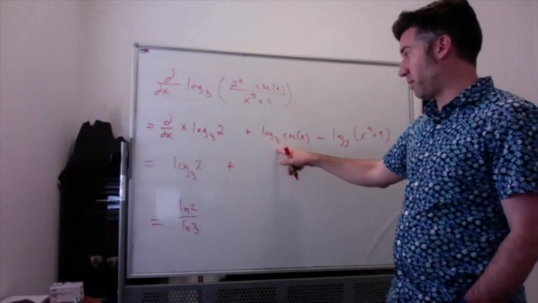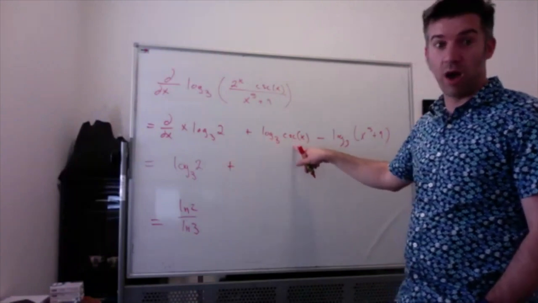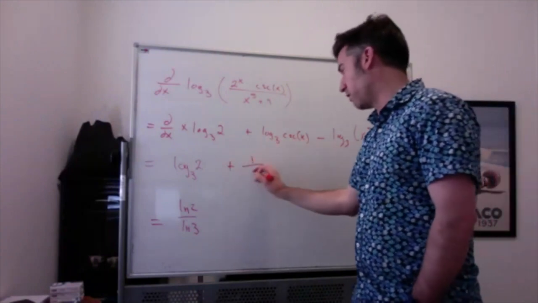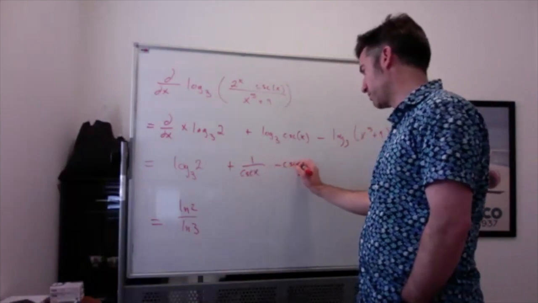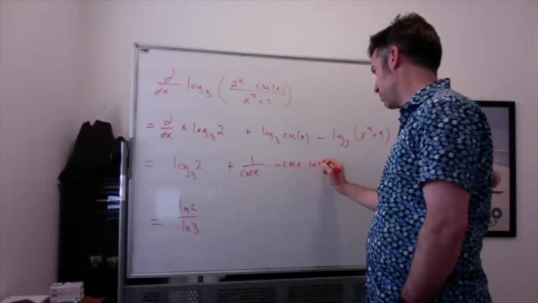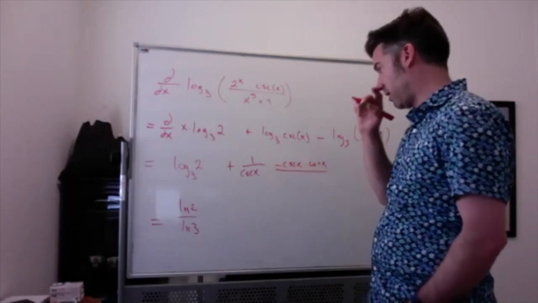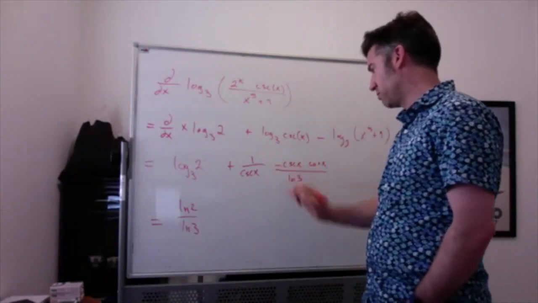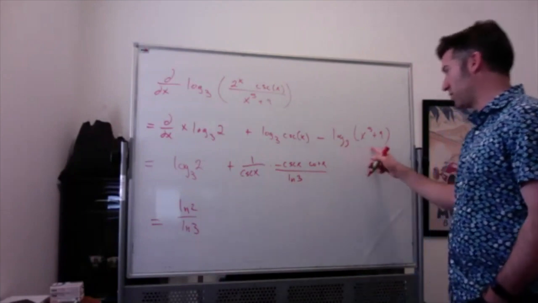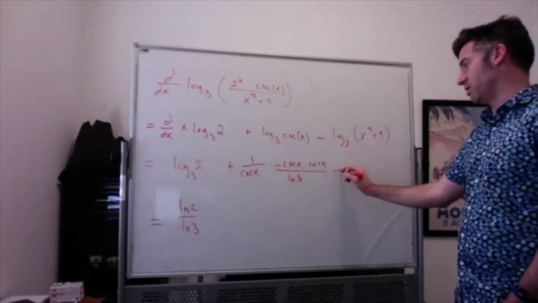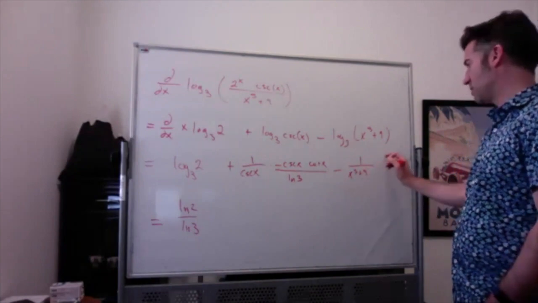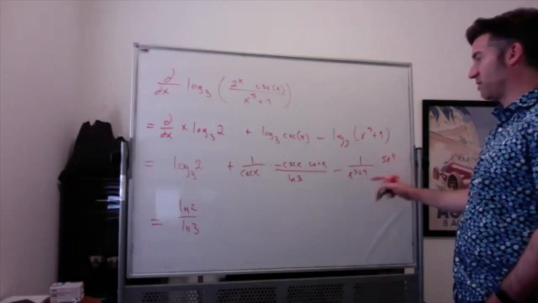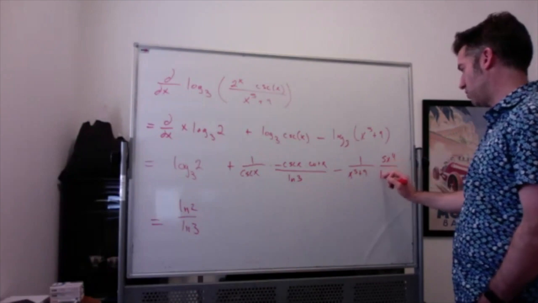The derivative of log base 3 of cosecant, well, the derivative of log of a thing is 1 over the thing times the derivative of the thing. But then we also have to divide by a factor of natural log of 3. And then here, the derivative of log of a thing is 1 over the thing times the derivative of the thing. And then we also have to still divide by the natural log of our base.